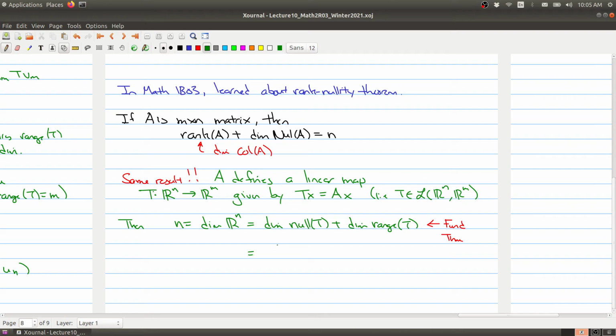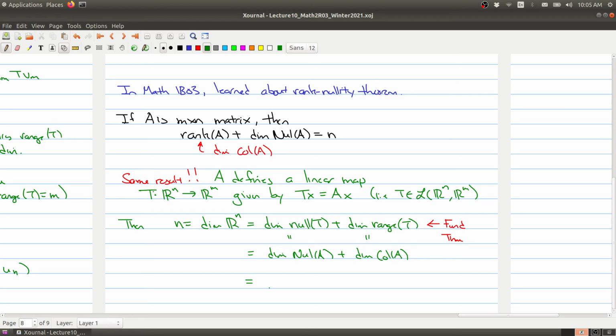But now we want to remember what these things mean when we're talking about matrices. This is equal to the dimension of the null space of your matrix A, and when you're looking at a map given by a matrix, this is going to be equal to the dimension of the column space of A. This is what we saw before in one of our previous examples, that the range of T corresponded to the dimension of a column space.